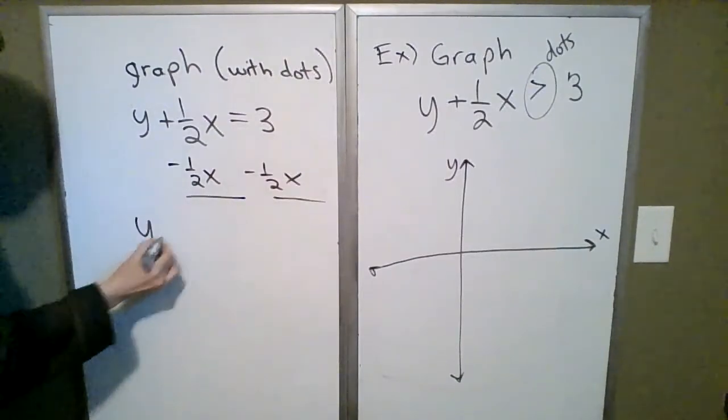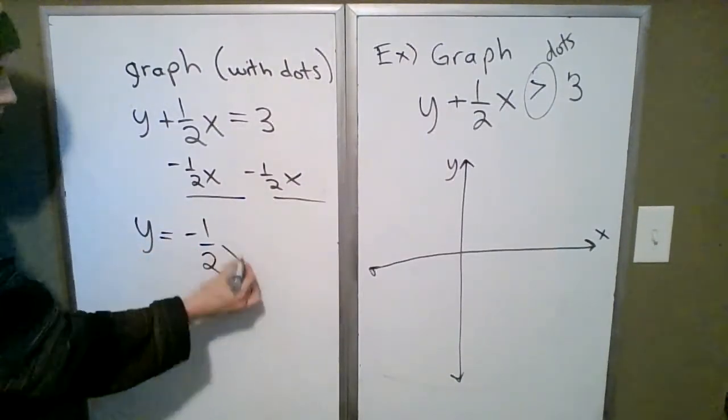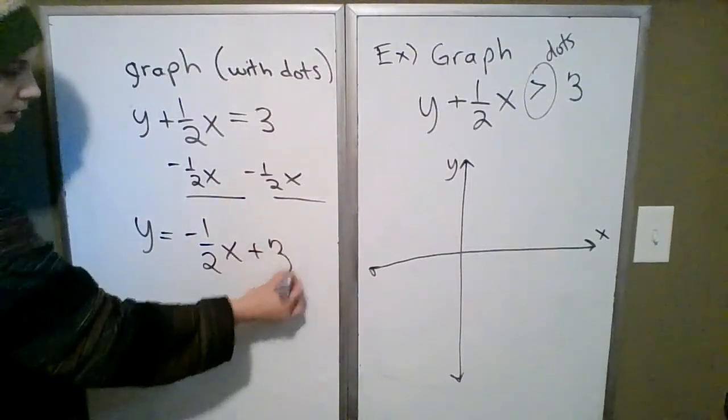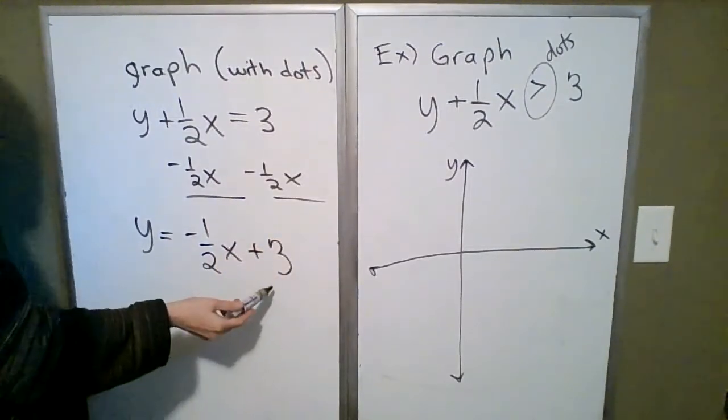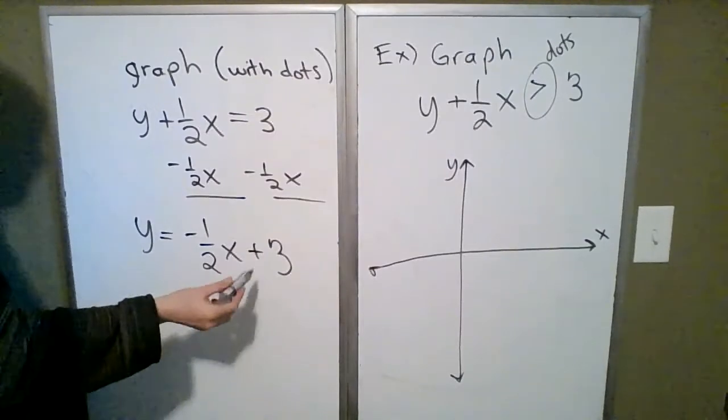That way I've got y equal to negative 1/2 x plus 3. And I would start at a y-intercept of 3, or at 0, 3.